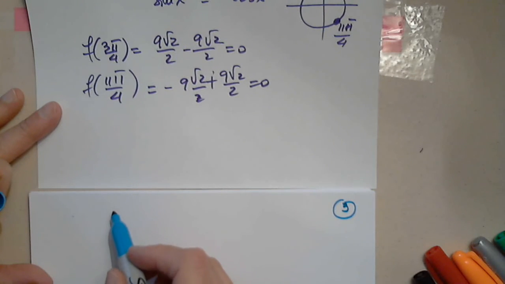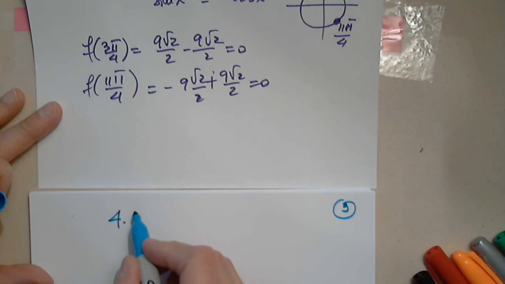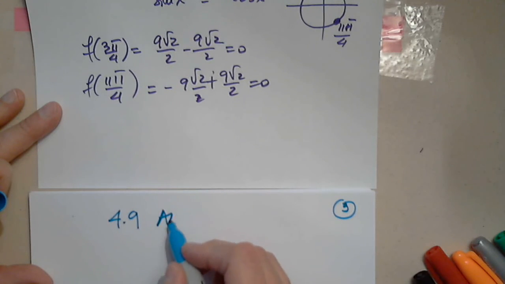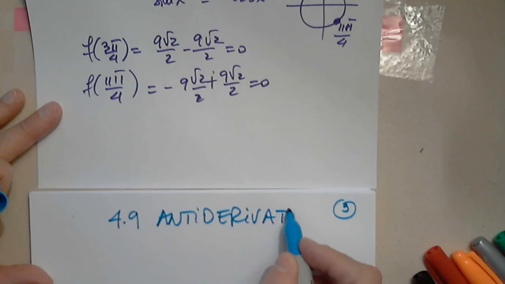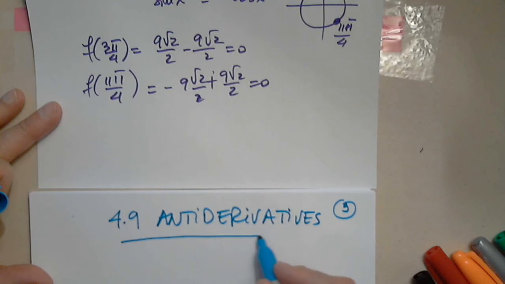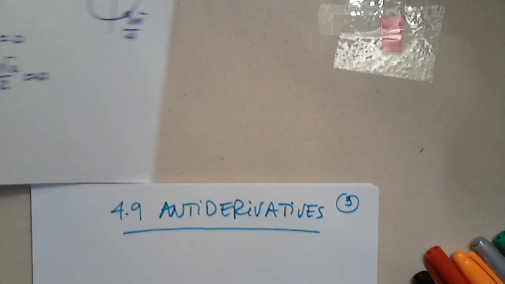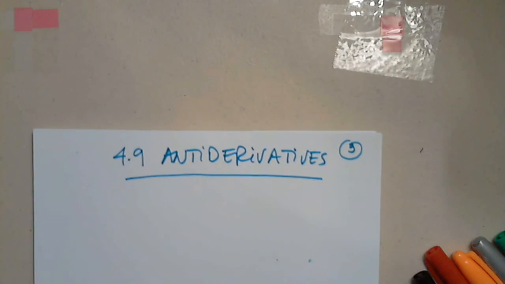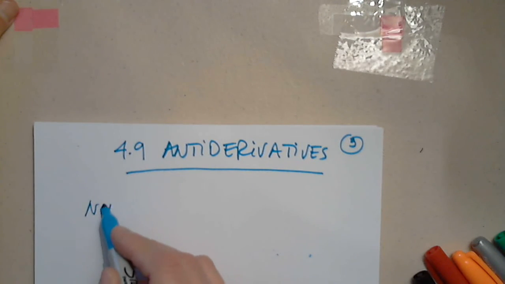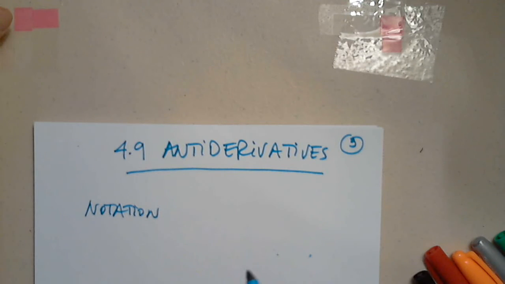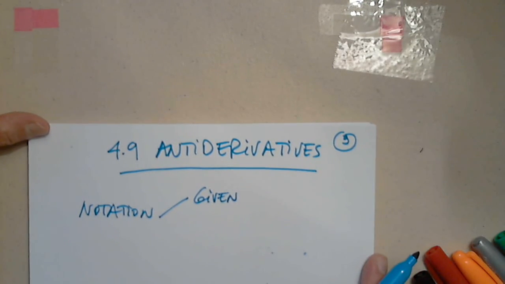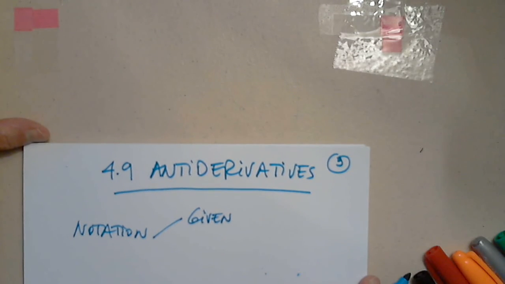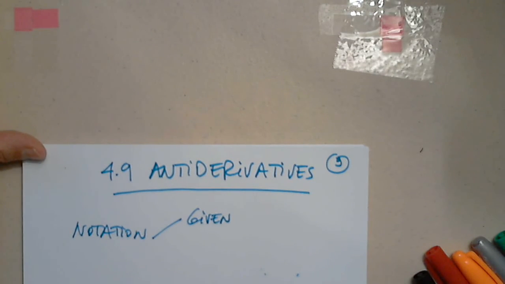Well, in that case, we have to finish with section 4.9, entitled Antiderivatives. And first we have to talk about notation. Given, you can say, is it such a big deal? No, but it's important.